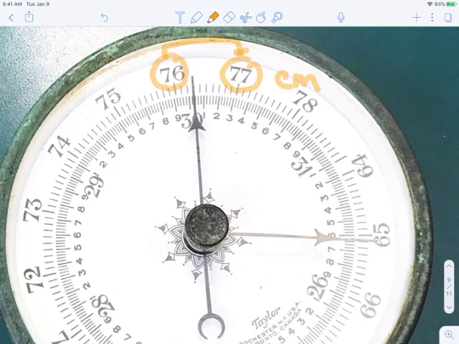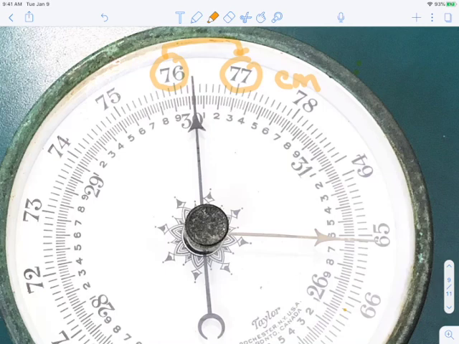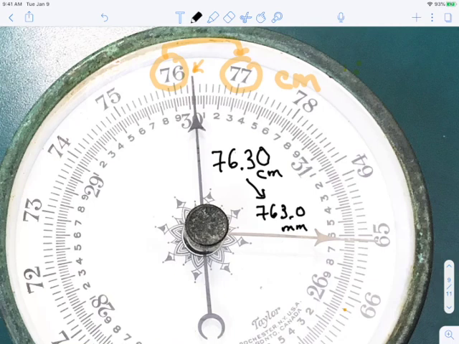So we would say that that was 76.3 centimeters, but we have to add one more decimal, so that'd be 76.30 centimeters, which means that when we convert that into millimeters, that would be 763.0 millimeters. So you should have recorded your pressures to 1 decimal of a millimeter.